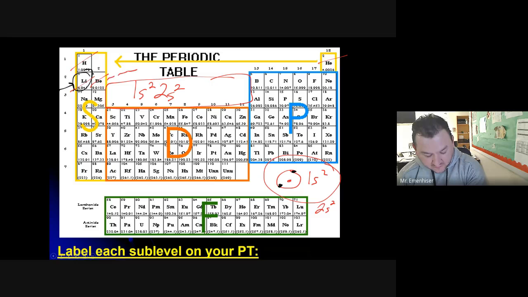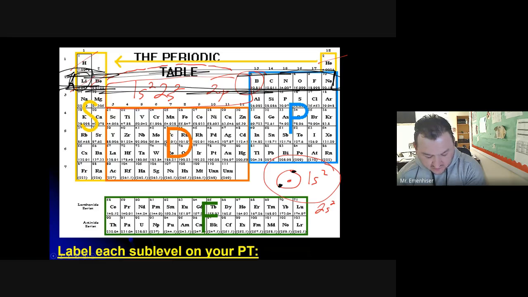And so now what we have to do is skip across to element number 5, which is boron, and it's in the 2p. Why is it 2p? It's 2 because it's on that second level of the periodic table. Right there. Everybody see that? The second row on the periodic table. And I'm trying to draw it. And then it's p because it's in the p block.